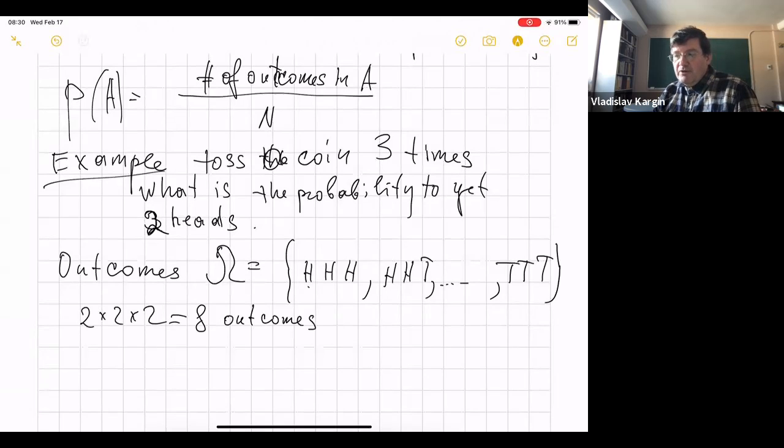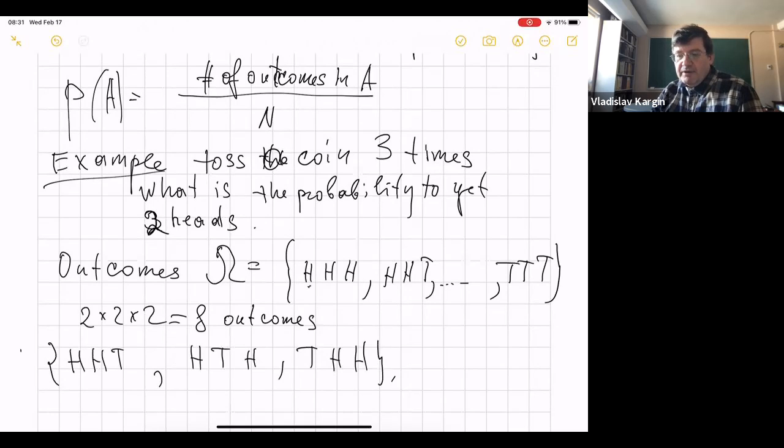Now, how many outcomes have exactly 2 heads? We will look at it in general, but in principle it's easy just to list them in this case. It's head, head, tail; head, tail, head; and tail, head, head.